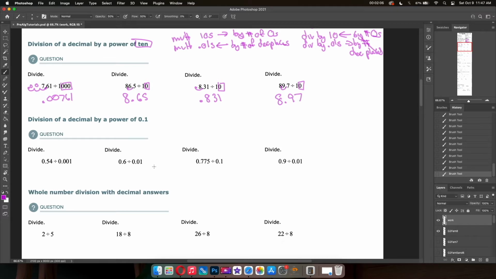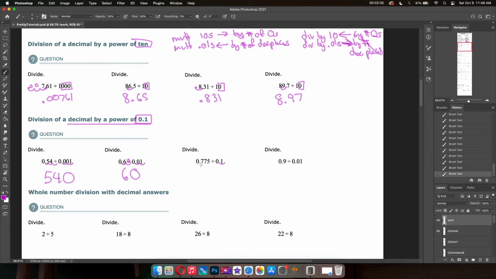All right. So now, again, we're dividing a decimal by a decimal. So this means we're going to be going, like it says up here, to the right. So if I see 1, 2, 3 places, I'm going to move this over 1, 2, 3 places to get a final answer of 540. I have a decimal of 1, 2 places, so I move this over 1, 2 places, put in a placeholder, so I have a final number of 60.